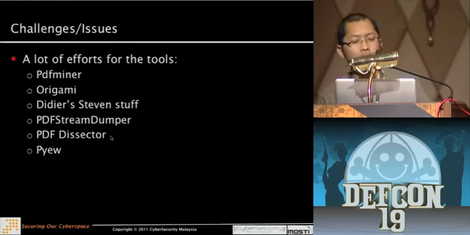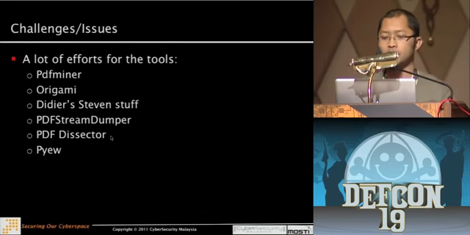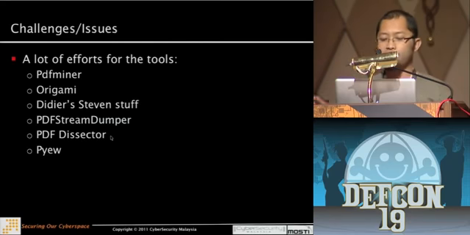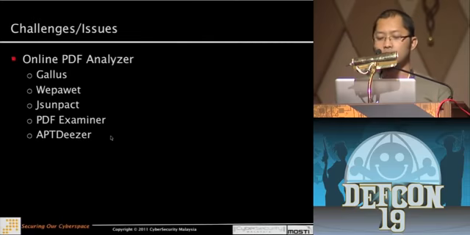And even though there are challenges and issues, I think a lot of effort has been done to translate into tools. Like you have PDFMiner, you have Origami that can be used as a library in Python or Ruby, and of course you have the famous Didier Stevens tools, and then PDF Stream Dumper, PDF Dissector, which is commercial I think, and PowerView. There are also a couple of online PDF analyzers.